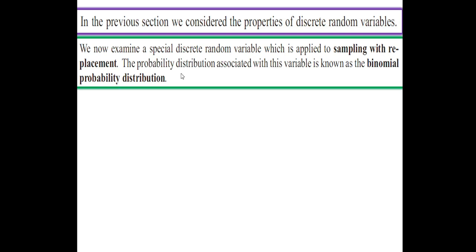Like when you draw a marble out of a bag and you replace it before you pick the second marble. Or you pick a card out of a deck of cards and you replace it before you pick out the next card. So the probability distribution associated with this type of variable is known as the binomial probability distribution, which is what this topic is.